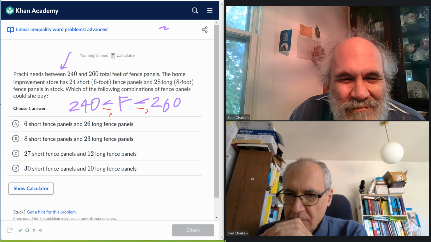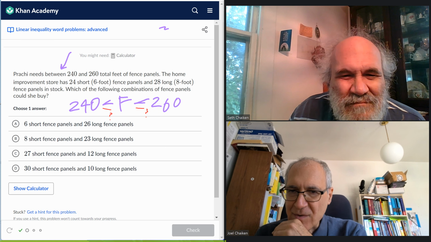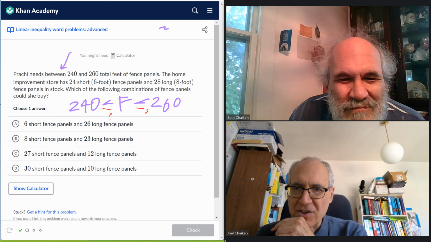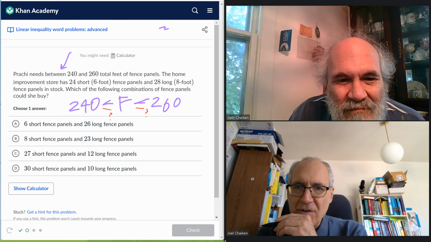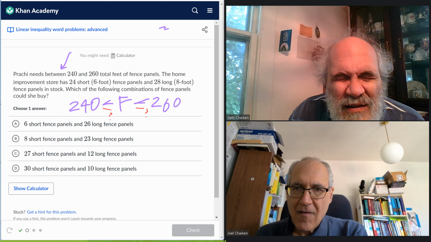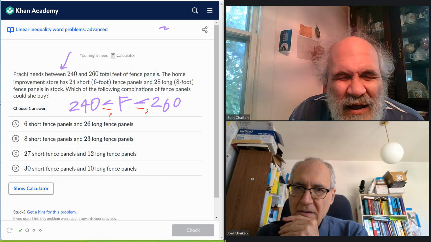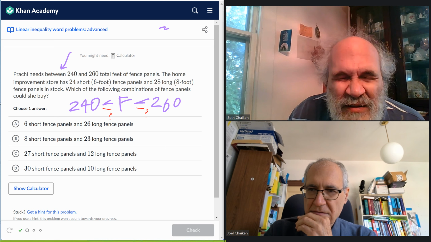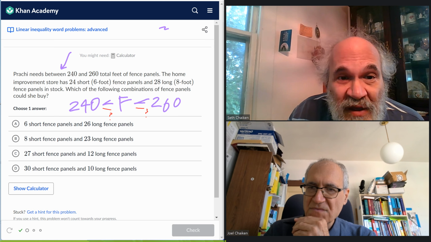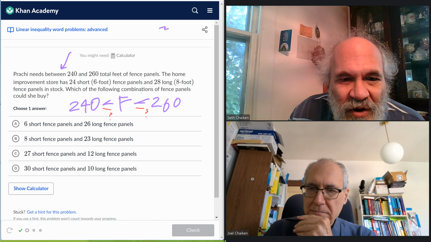Okay. So, it looks like you have two unknowns here, right? The number of short fence panels and the number of long fence panels. Well, I look at it this way. First, I look at the table, and a short panel is 6 feet, so on top of each short, I write a 6.